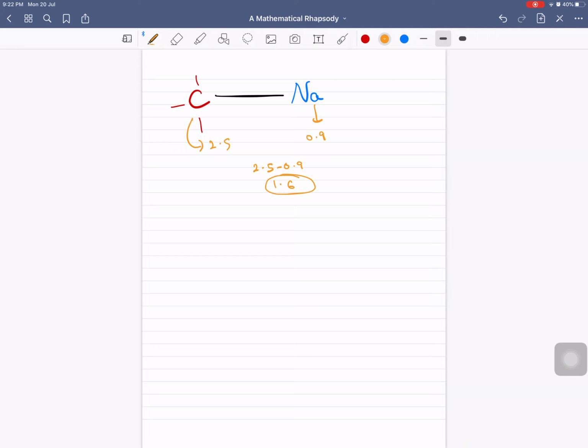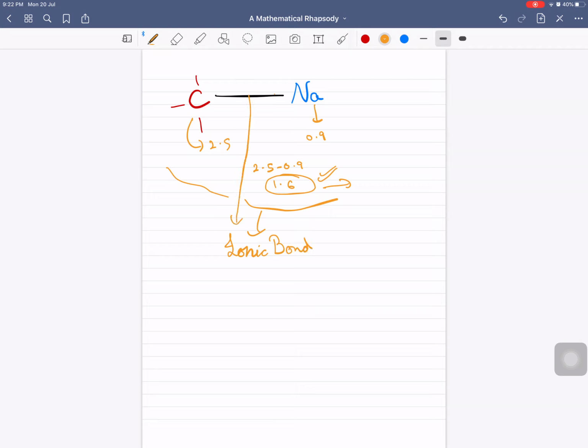You may be used to numbers like 1,000 or 1 lakh, but when you consider the scale of electrons and atoms in the world of chemistry, this is really big, right? So this right here is an ionic bond.